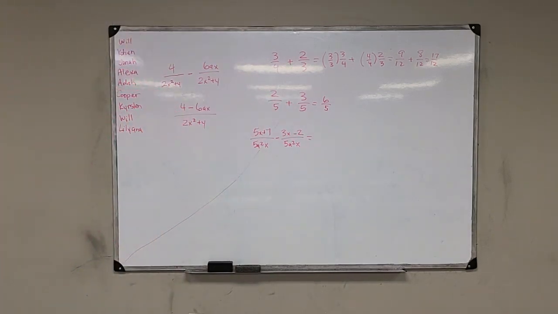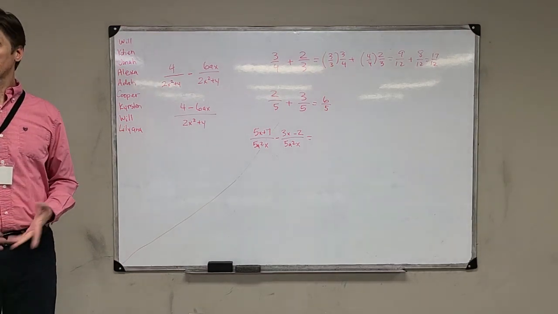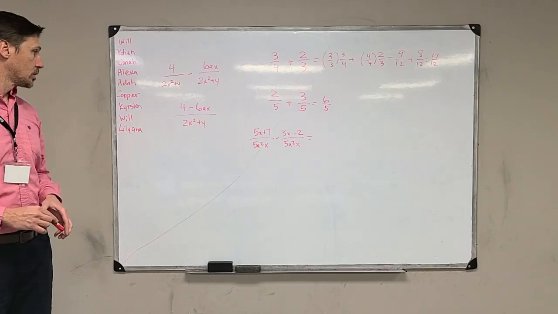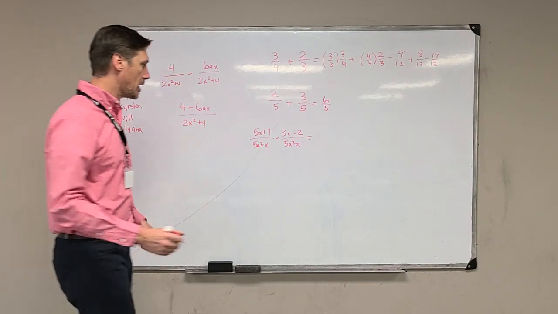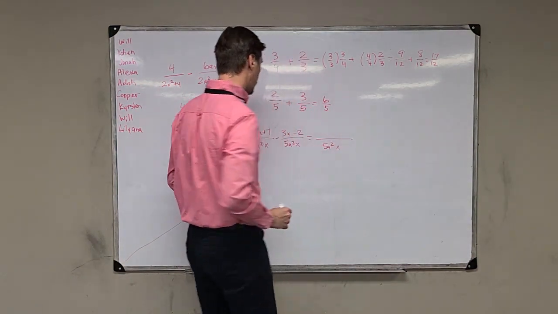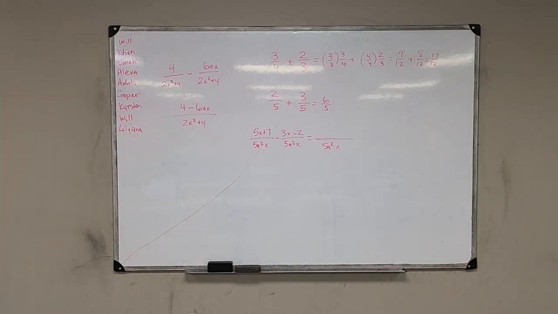Can I add those fractions? Yes, they have the same denominator, so I can. I know the bottom is going to be 5a squared x. What is the top going to be? Anybody walk me through that?